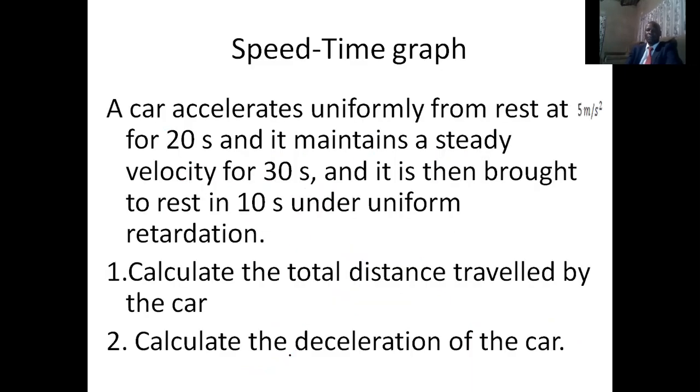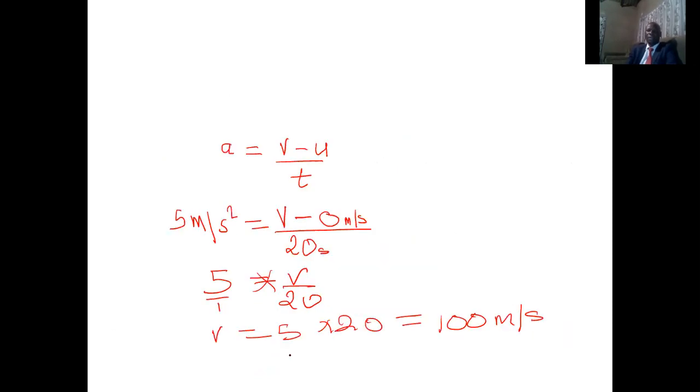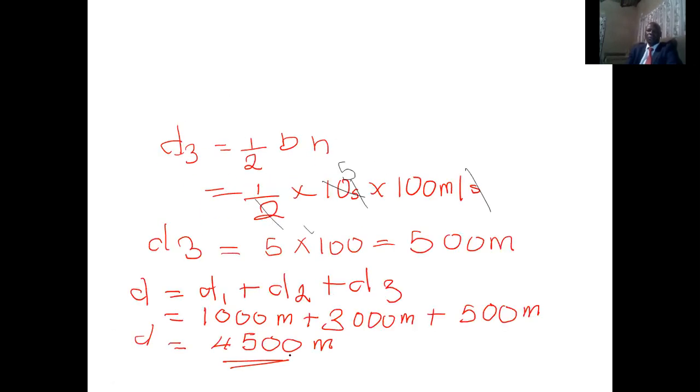And then the last part of the question is to find the deceleration of the car when it was brought to rest in 10 seconds under uniform retardation. So all we need to do is merely to calculate the acceleration.